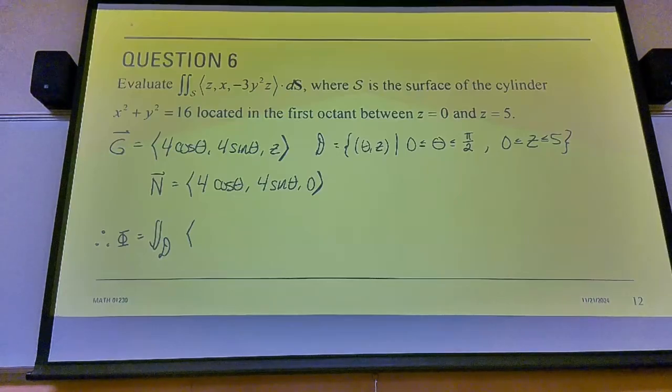Evaluate the field along G. Z for cosine phi or theta, minus 40 sine squared phi z. I keep saying phi, theta.